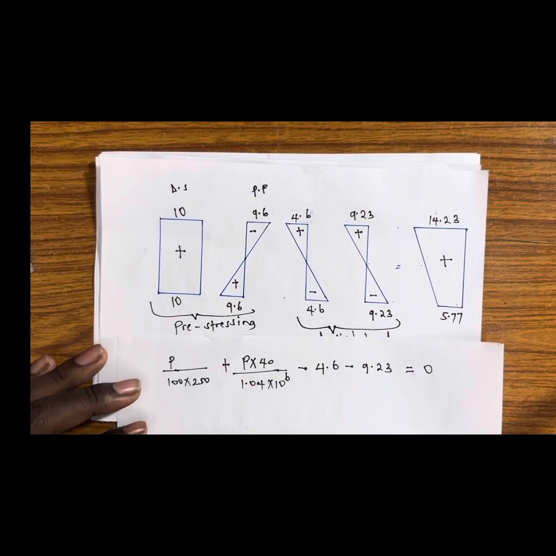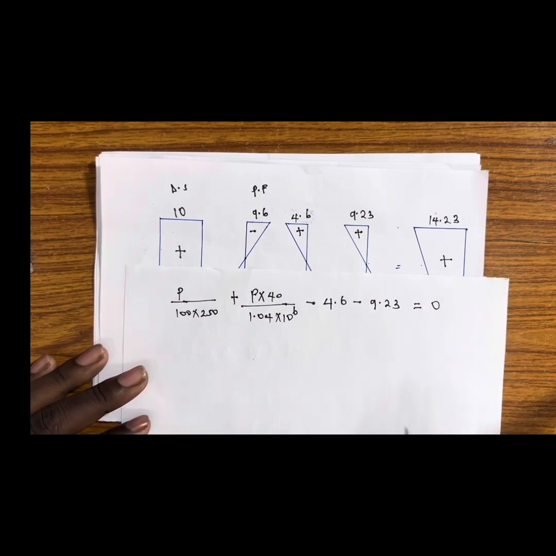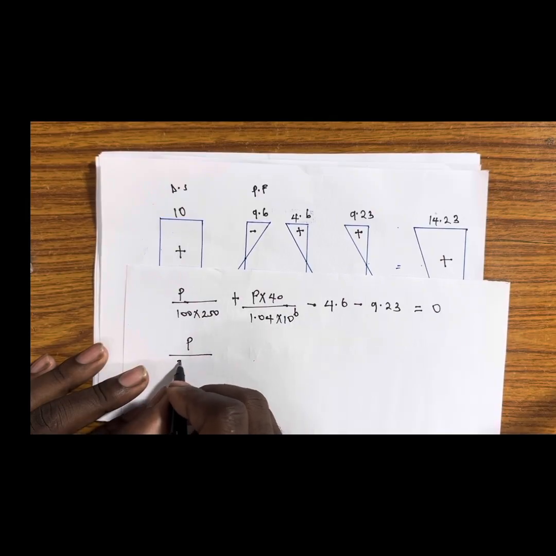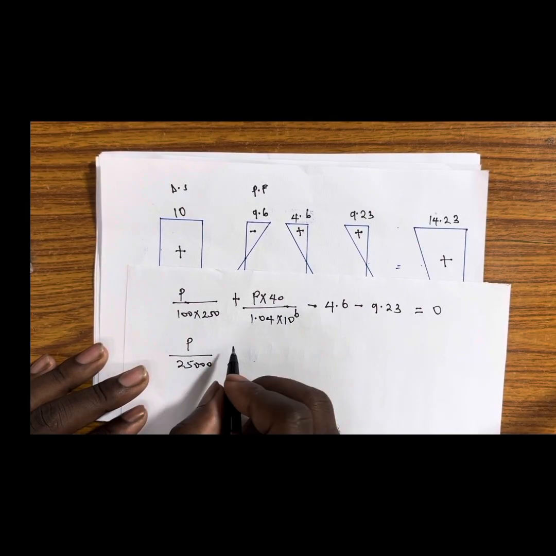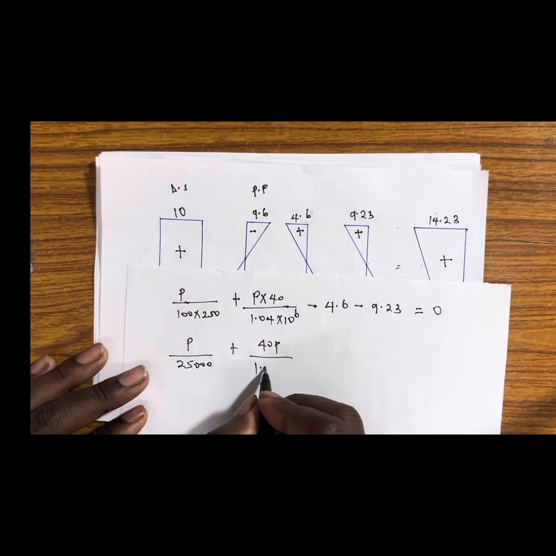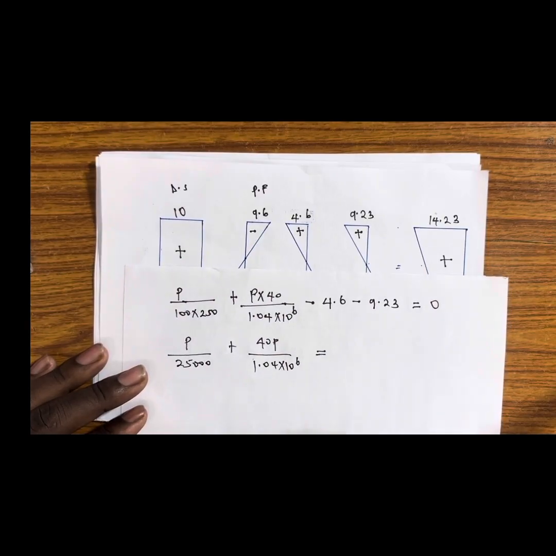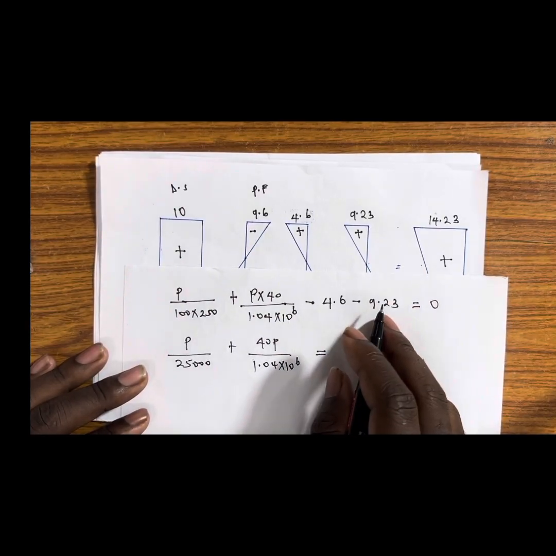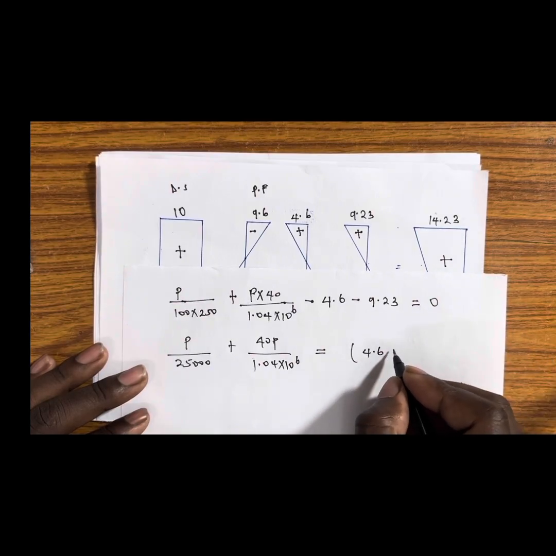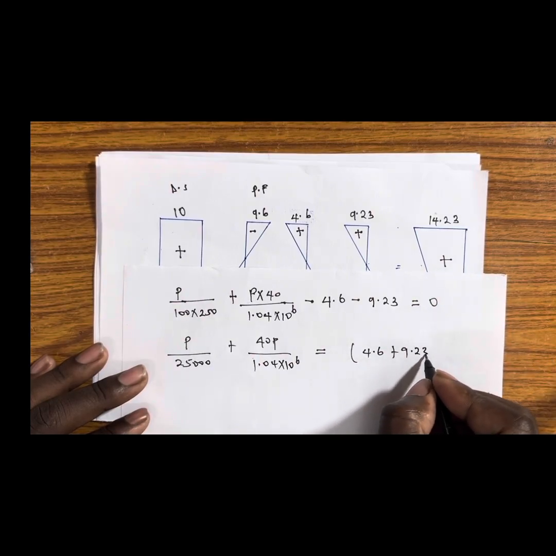Okay, so if we take this the other side, we shall have here P by 25000, then plus 40P by 1.04 times 10 raised to the power 6 equals to, take this and this the other side, 4.6 plus 9.23.